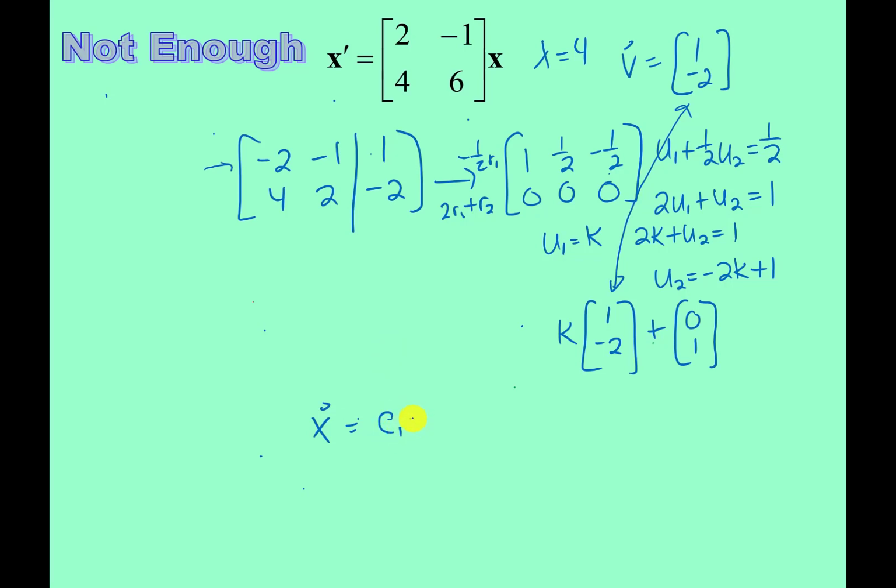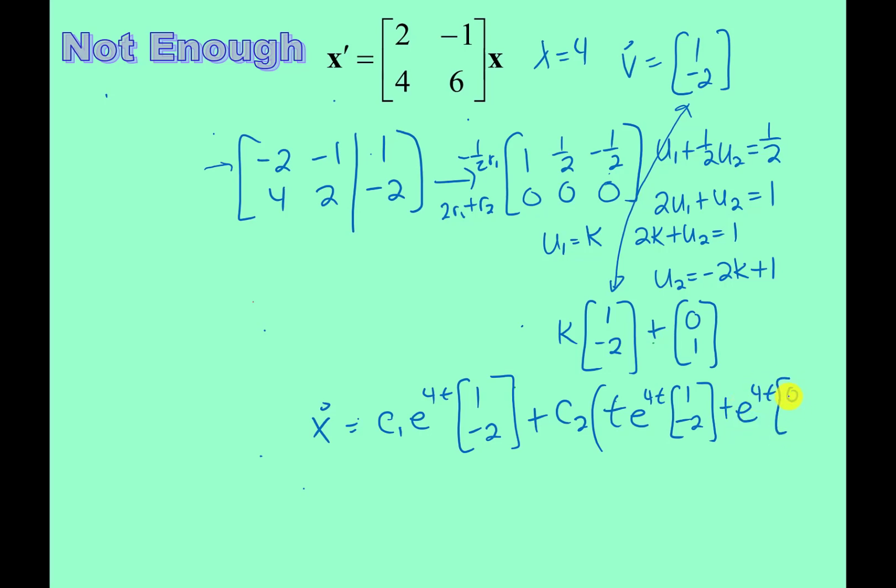First it's going to be c1 e to the 4t times the eigenvector. And then our other piece is going to need two parts. The first part is going to be t e to the eigenvalue t times the eigenvector, and then we need our second piece that corresponds with our u, and so that one is going to be e to the 4t multiplied by what we found that u was.